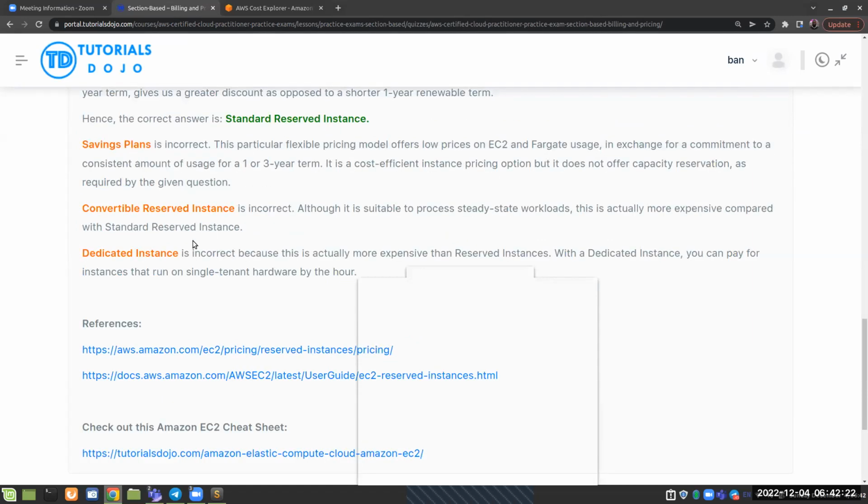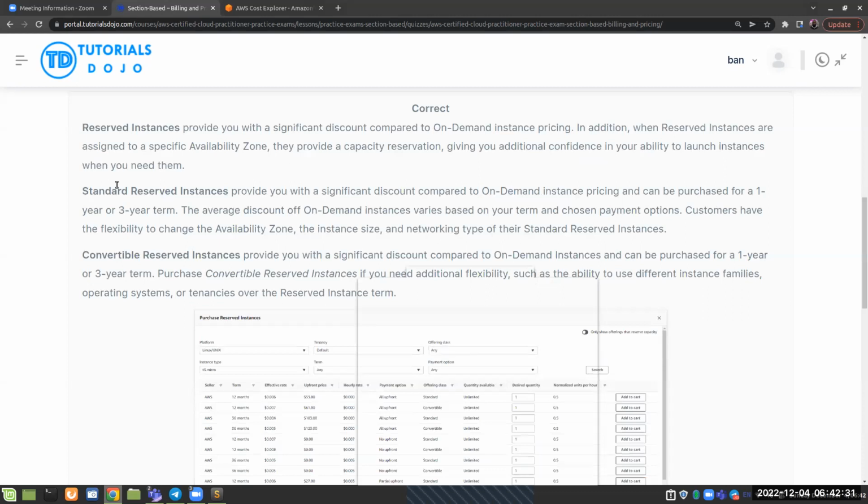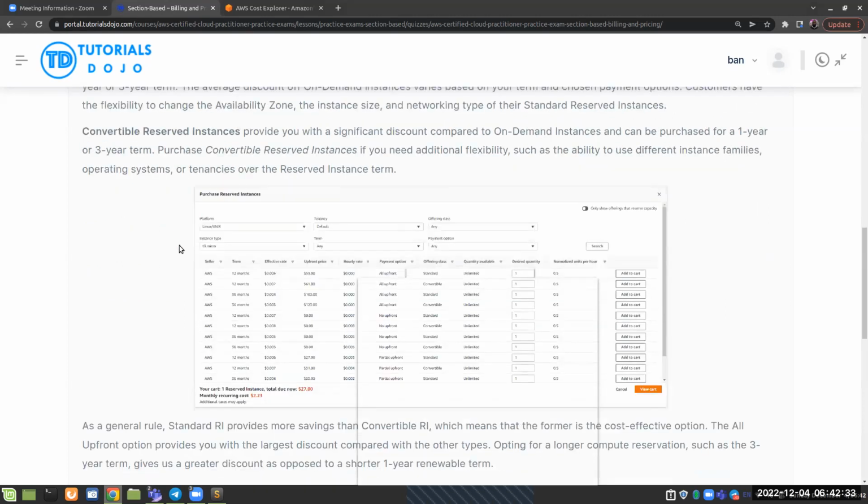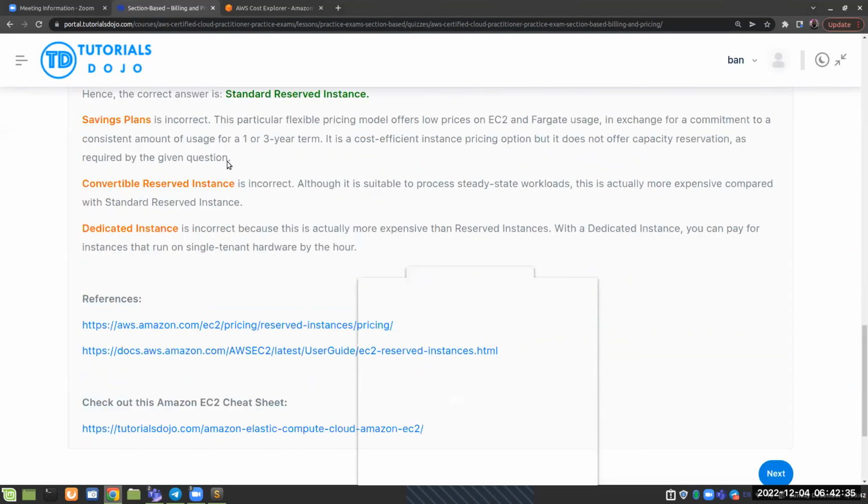The other ones are incorrect. This one is actually more expensive. Dedicated instance is incorrect. We had standard reserved, we didn't have reserved instance there as an option. Savings plans is completely out of place, but you should make sure you know what savings plans is.